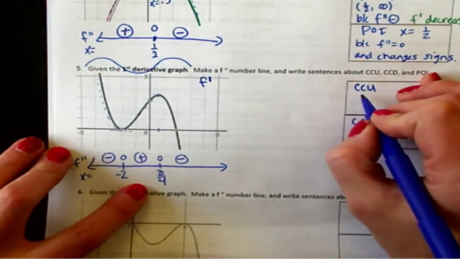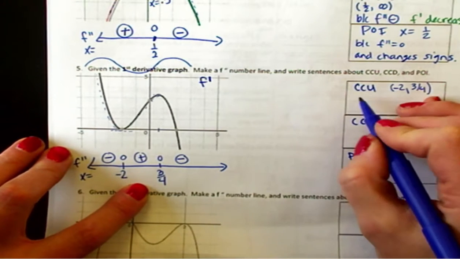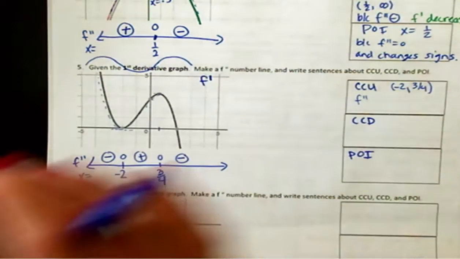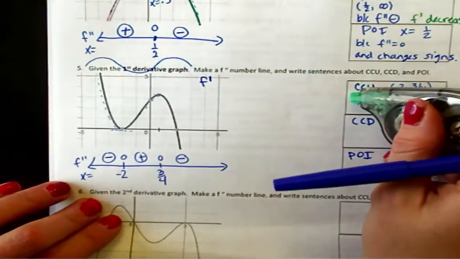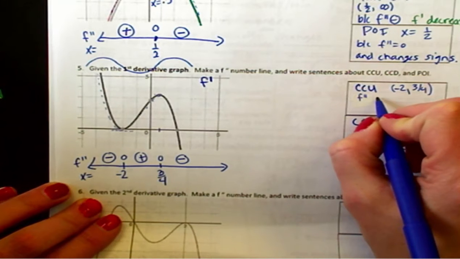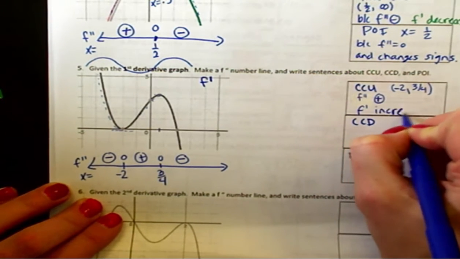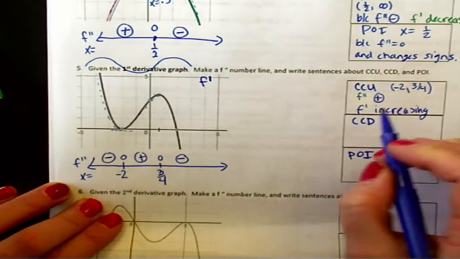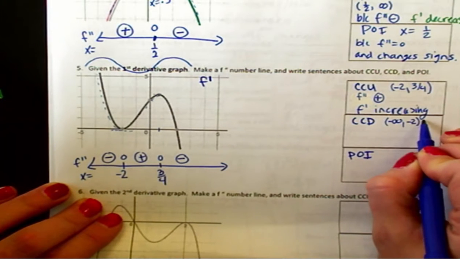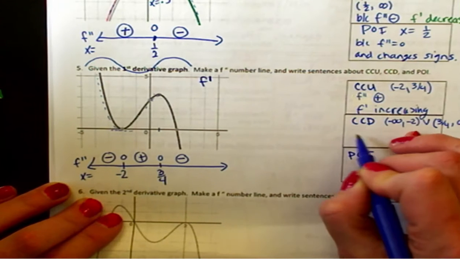Concave up. Double prime. Okay, so double prime is positive, f prime increasing, negative infinity to -2, 3/4 to positive infinity.